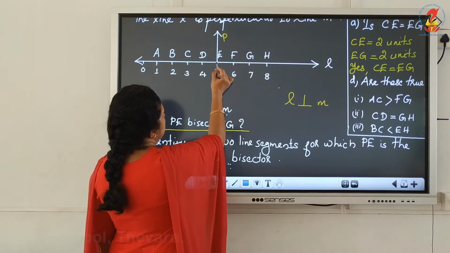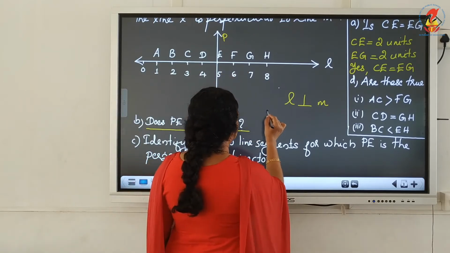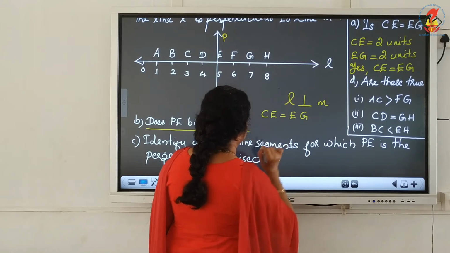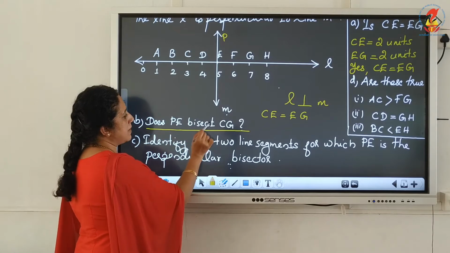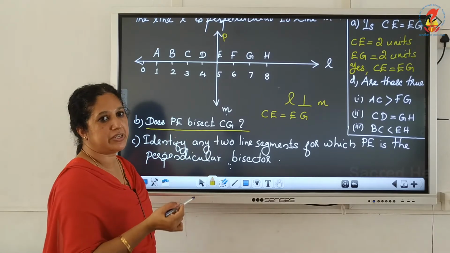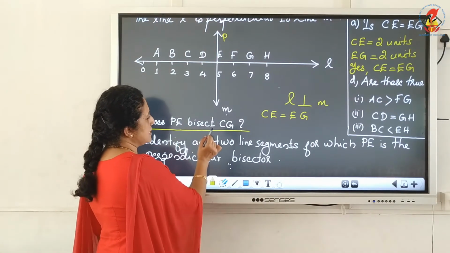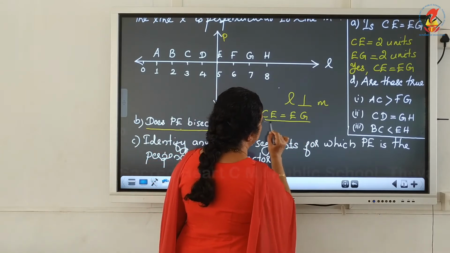If the point E divides CG into two equal parts, CE will be equal to EG. Here we want to look into whether PE bisects CG, whether PE divides CG into two equal parts.